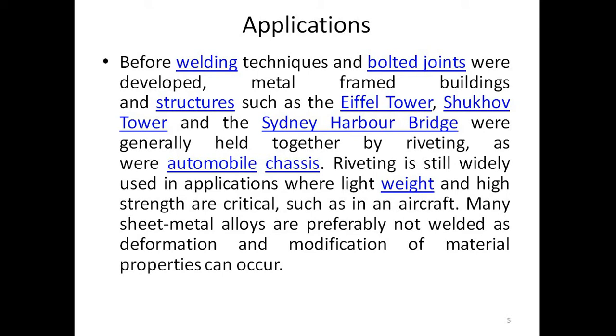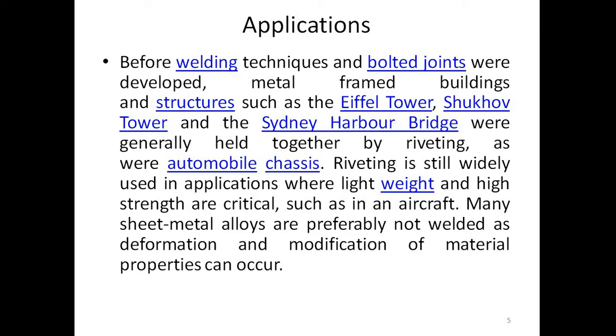As were automobile chassis, riveting is still widely used in applications where light weight and high strength are critical, such as in aircraft. Many sheet metal alloys are preferably not welded, as deformation and modification of material properties can occur.